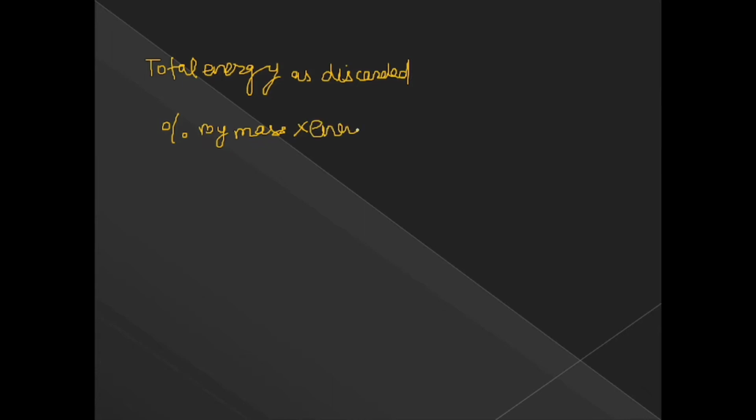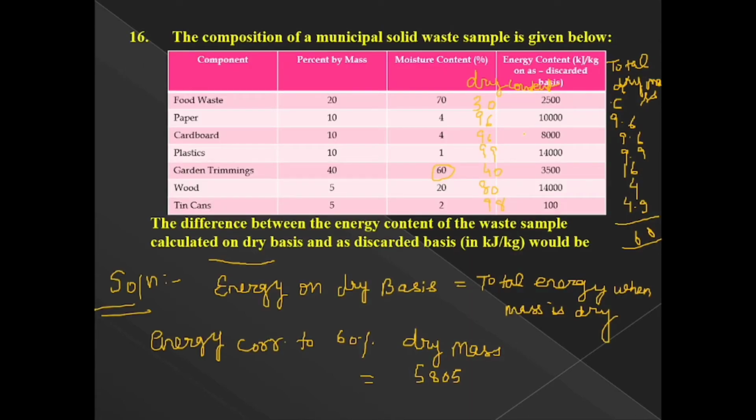So it comes to 20 into 2500 divided by 100, 10 into 10,000 divided by 100, 10 into 8,000 divided by 100, 10 into 14,000 divided by 100, 14 into 3,500 divided by 100, 5 into 14,000 divided by 100, 5 into 100 divided by 100.